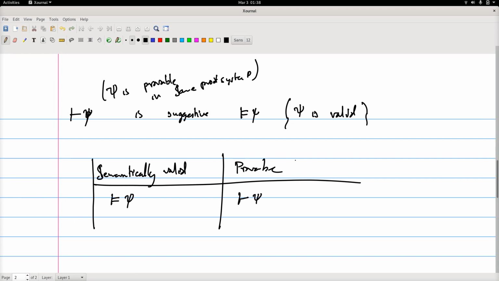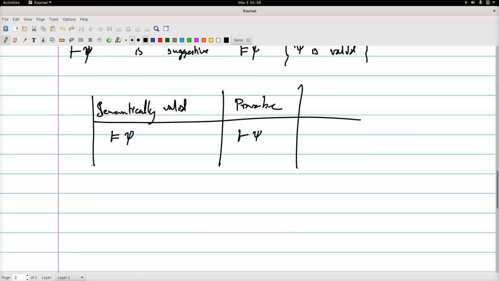Now we had a notation as follows. What did this mean?